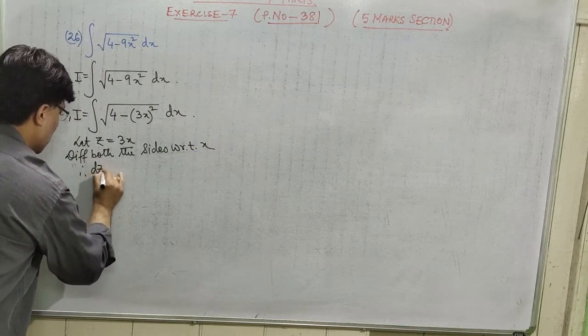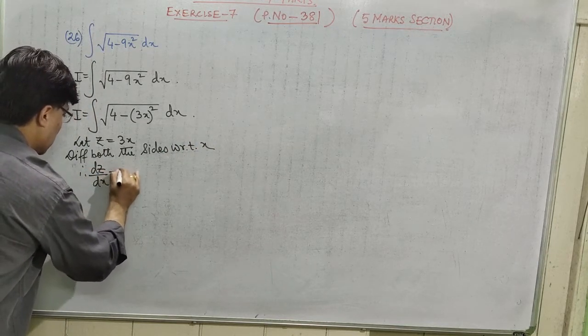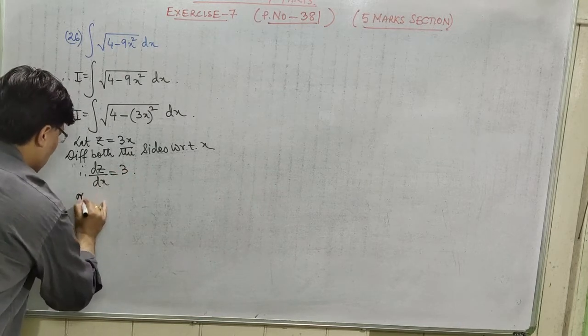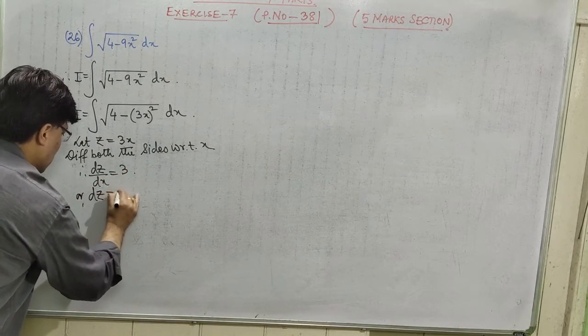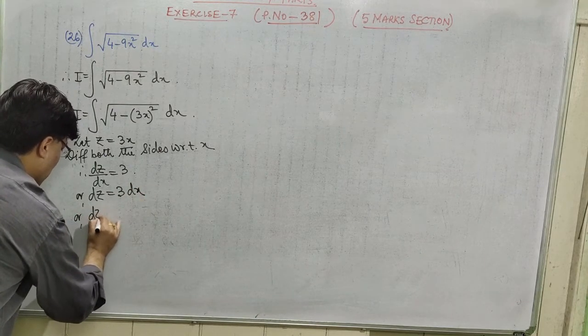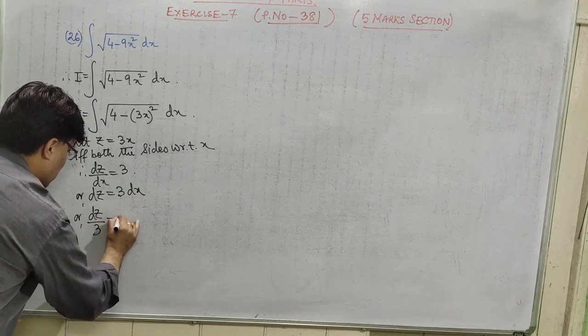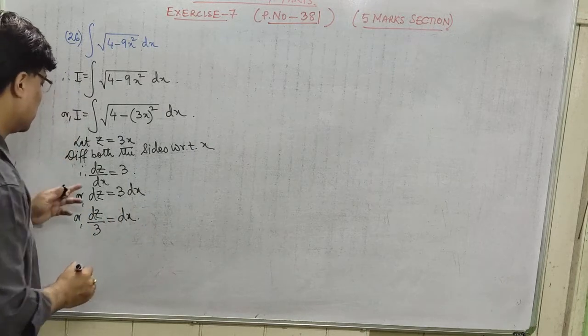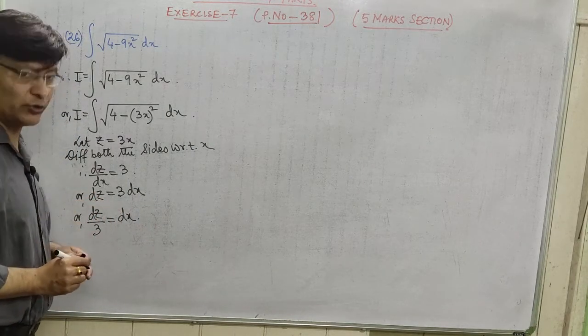So it is dz by dx is equal to 3. Now let us do cross multiplication. Dz is equal to 3 dx or dz upon 3 is equal to dx. That is the value for dx is dz upon 3.